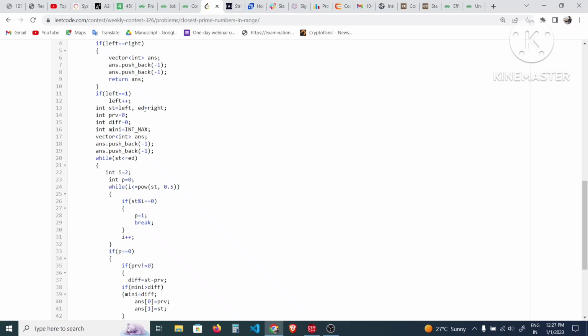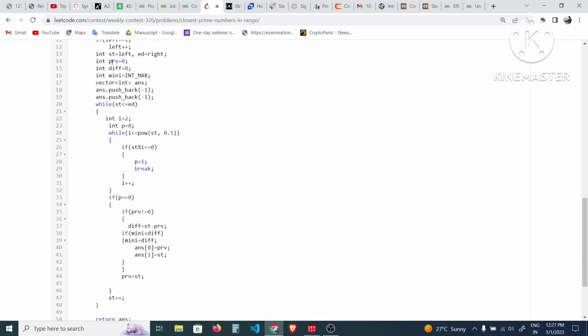So then you have to start from, like, I took one integer st for left and end for right, and there are integers previous, difference and mini. Basically previous stores the previous prime number, and st will store the current prime number.